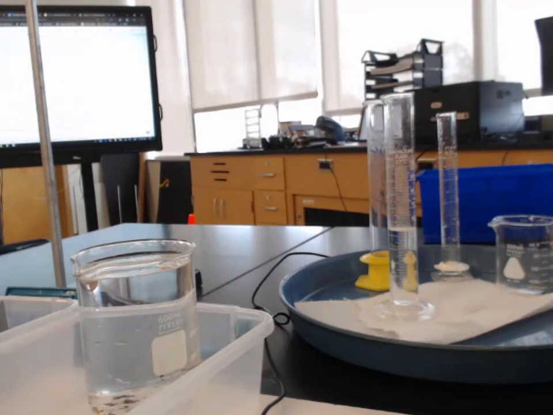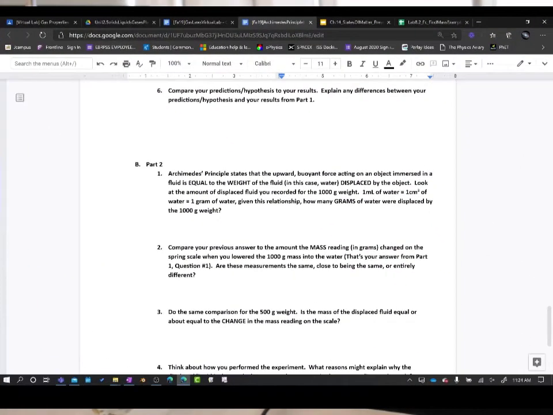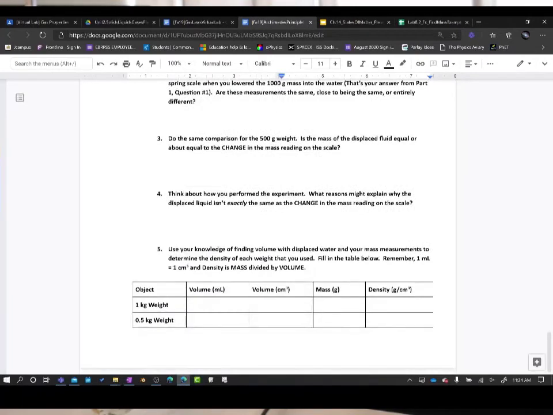That's part 2. The final section of the lab guide is to complete the reflection questions in here. The very last question is about density, which we've talked about calculating now. And remember that density is just the mass, the amount of matter, divided by the volume, or the space that matter takes up.